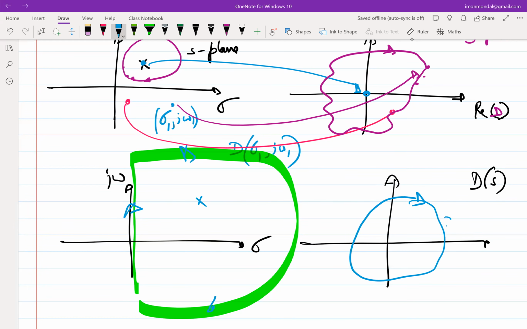So if I can do this experiment, and I go around this loop, and I correspondingly plot the contour on the D plane, and I find that the contour encircles the origin, then I know the system will be unstable because a closed loop pole exists on the right half plane.